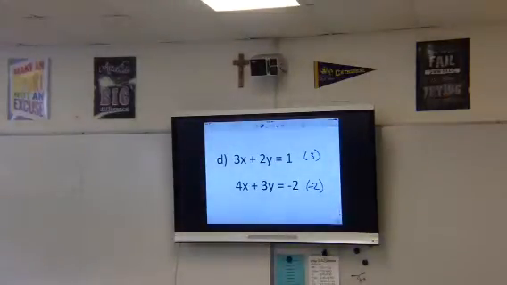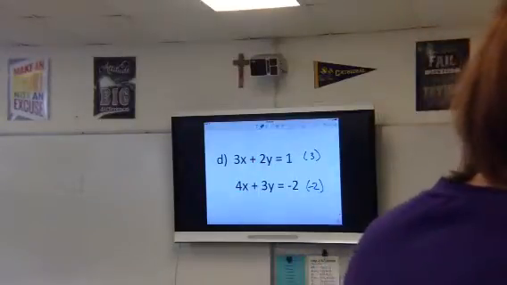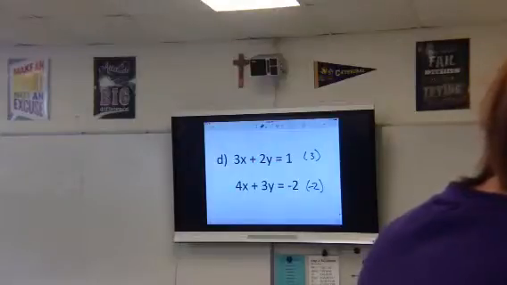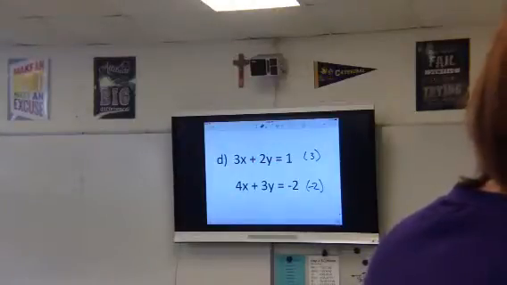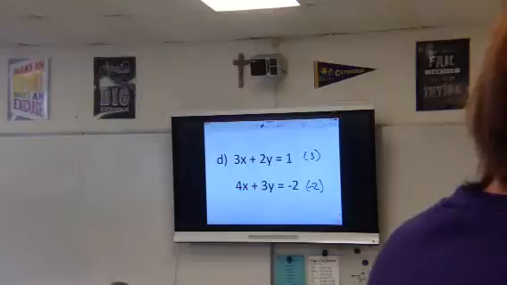Why did we do 3 right here? So the y's would match up and make it 15? Why isn't this one times something else? Because they have 6 in common. You can multiply by 6 on the top, but you have to change the bottom number.